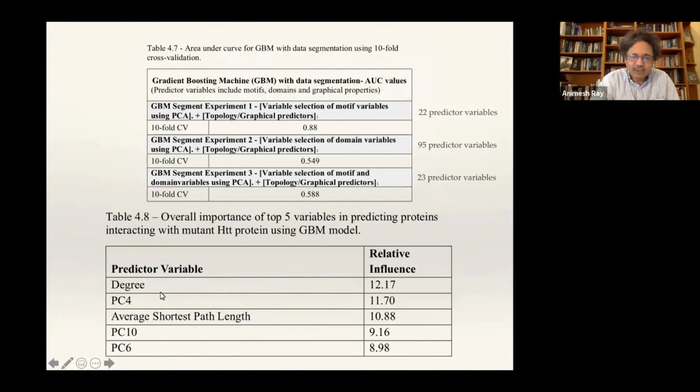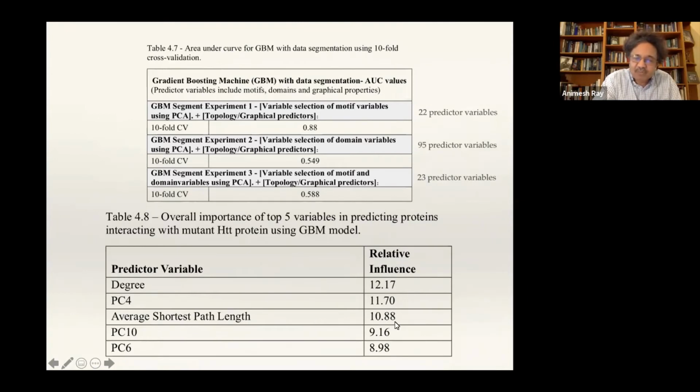And in terms of the ranking of the various variables, it looks like degree of the protein, number of direct interactors it has, is a pretty strong predictor. Principal component 4, who knows what that is, is about equally good.